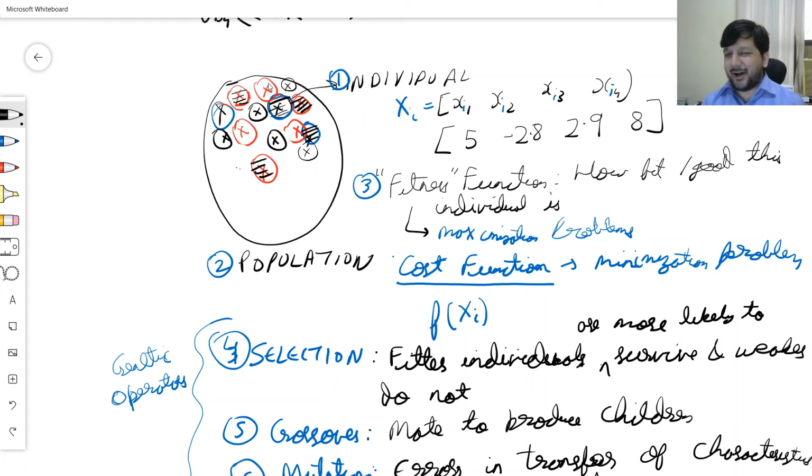Now, if you look at the natural life forms, the younger generation is always much sharper, much better than the previous generation. So I hate to say that you people are smarter than me in many ways.